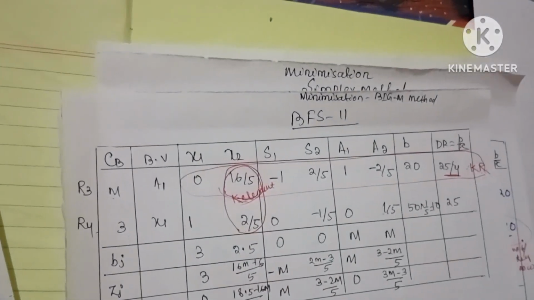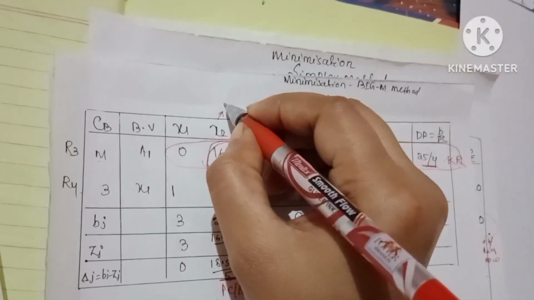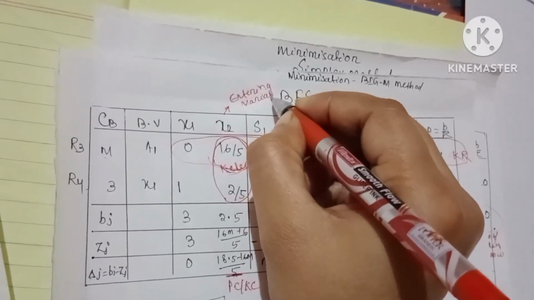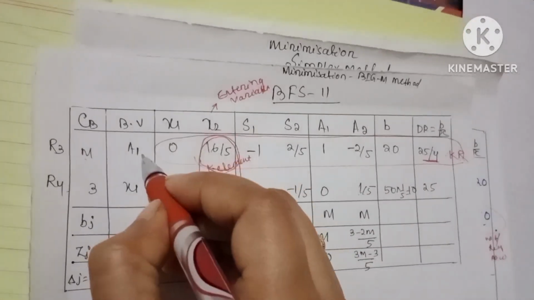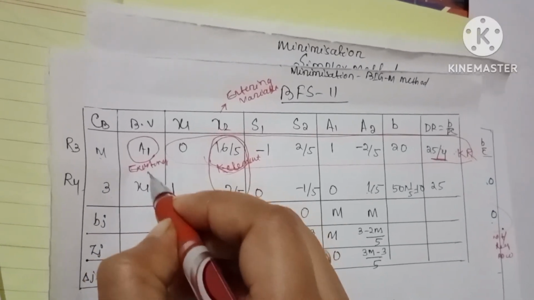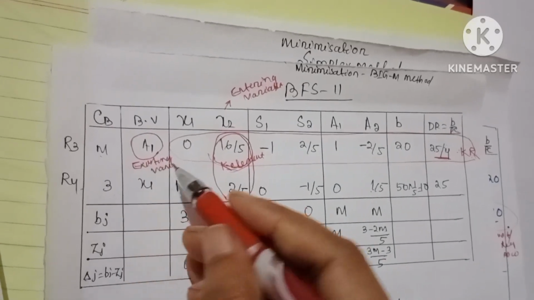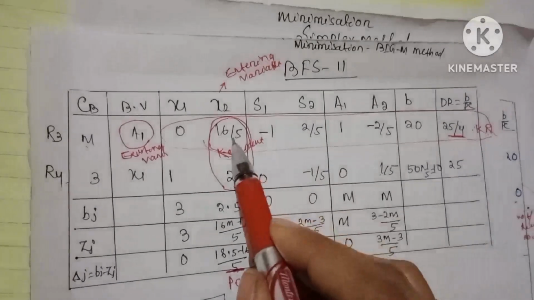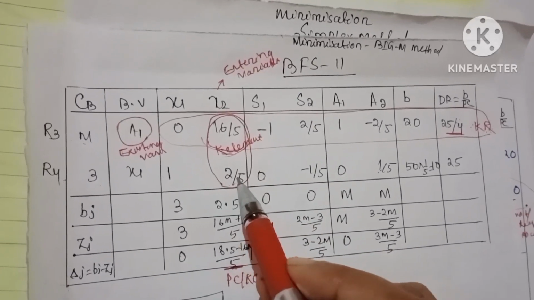And as you know, the pivot column or key column decides the entering variable in the next BFS, and the pivot row is your existing or outgoing variable in the formulation of the next BFS. The objective of the formulation of the third BFS is to make this element 1 and all other elements in the pivot column 0.